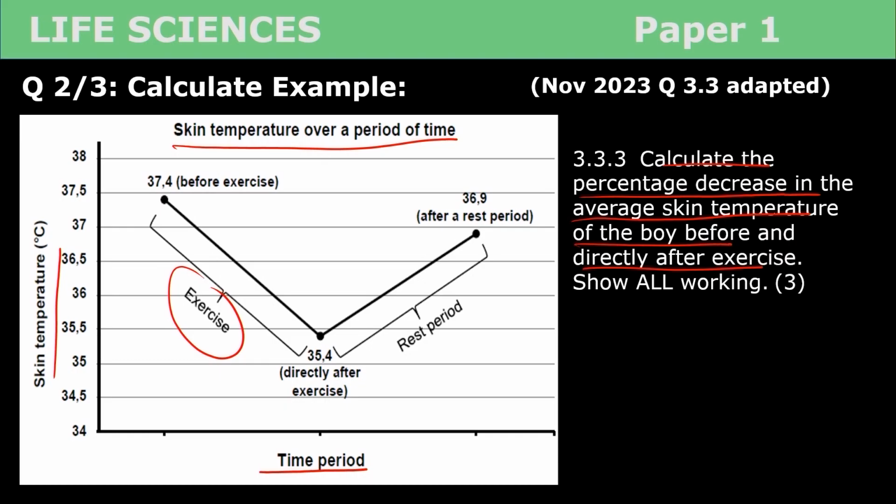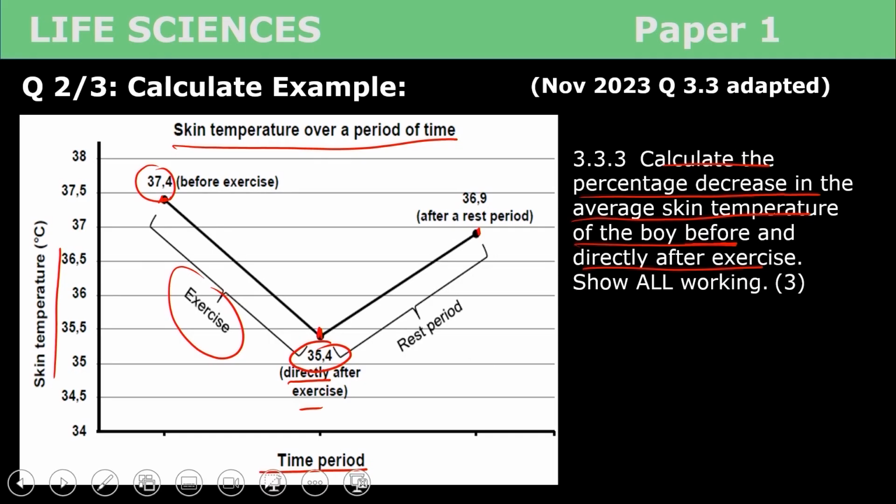Exercise, all right, before and after the rest period, directly after the exercise. Go back to your question. They want percentage decrease from where? Right, they said of the boy before. So let's look for before. Here's before and we have a number. And directly after. Here's directly after and we have our value there.